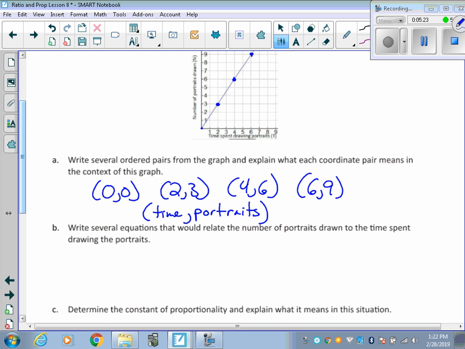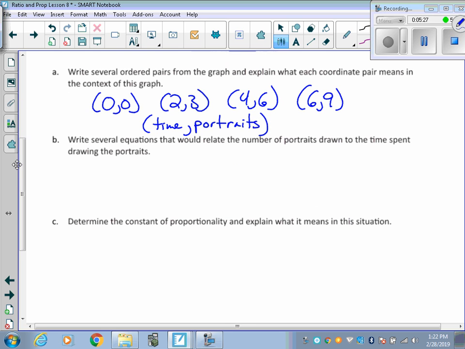Now, we want to write several equations on how to do this. Well, remember, y divided by x equals k. And we know each one of these. We never worry about 0, 0, but we're going to do 3 divided by 2 equals k. 6 divided by 4 equals k. And 9 divided by 6 equals k.